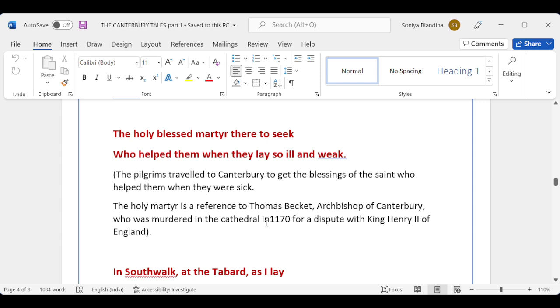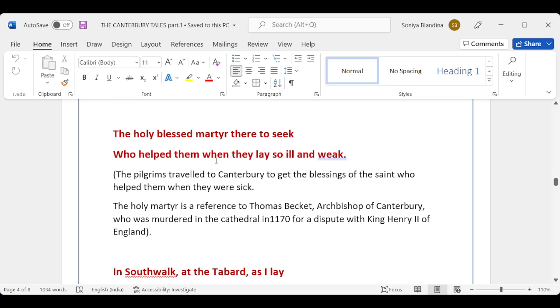Okay, and he was murdered in the cathedral in 1170 in a dispute with King Henry II of England. Okay, so these pilgrims are going to Canterbury to get the blessings, not only to get the blessings, to thank. Why?